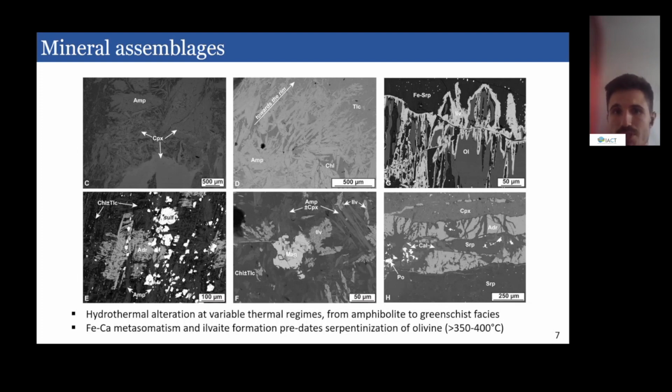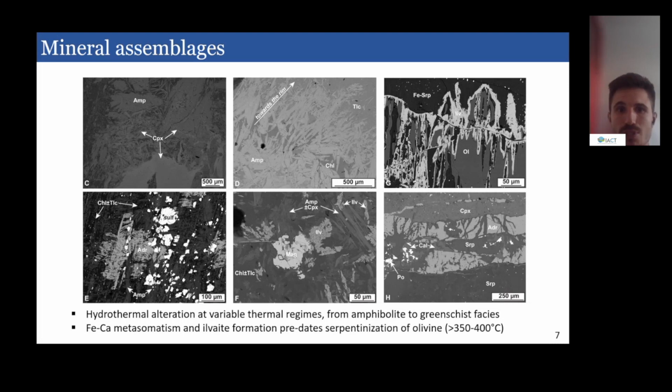And some of these silicates directly replace the mantle olivine at the contact with the magmatic veins. And this olivine is not recrystallized, which means that this iron and calcium-rich metasomatism occurred prior to or during early serpentinization of olivine, which constrains the formation temperature to above 350 degrees C, which is the stability field for olivine.